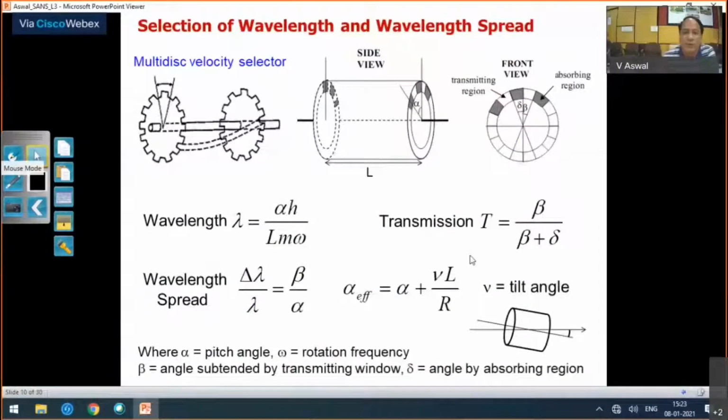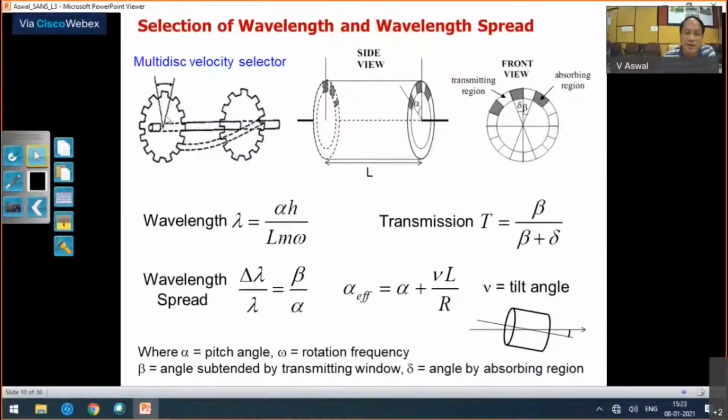So I think in one of the first talks, in one of the slides, I talked about the velocity selector, which is used to change the wavelength and also the wavelength resolution. And how do you select a particular wavelength, and how is the wavelength spread? So this velocity selector consists of helical slots, and these slots are made on a neutron absorbing drum. Anything which is not passing through these helical slots will be absorbed.